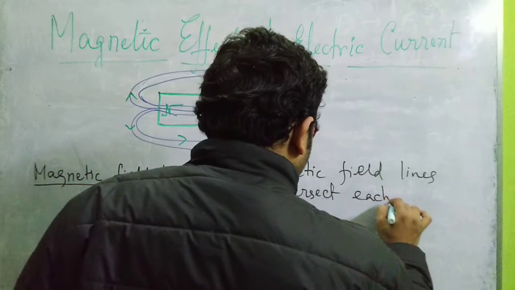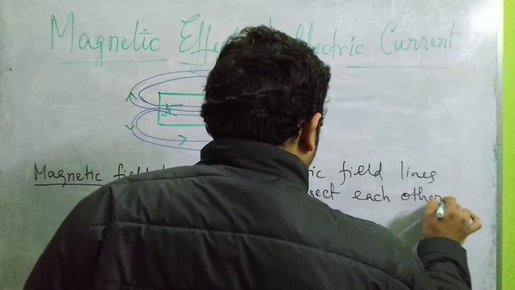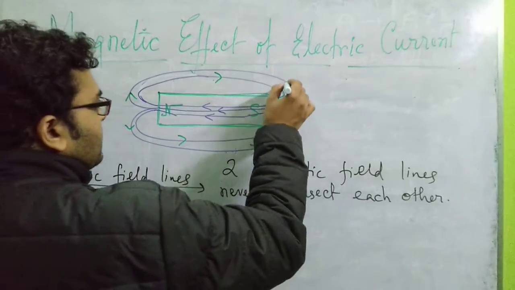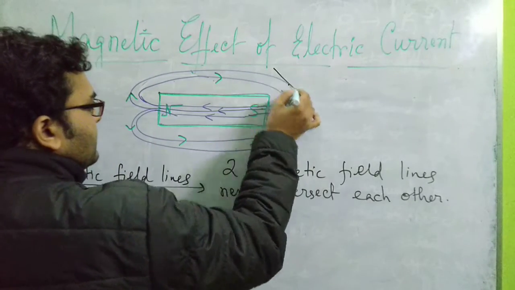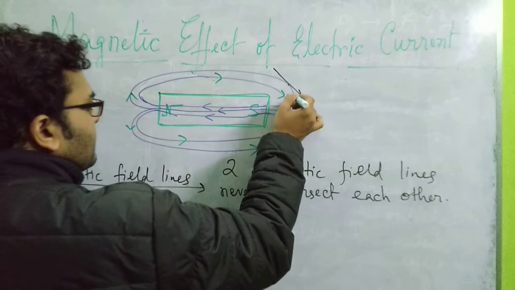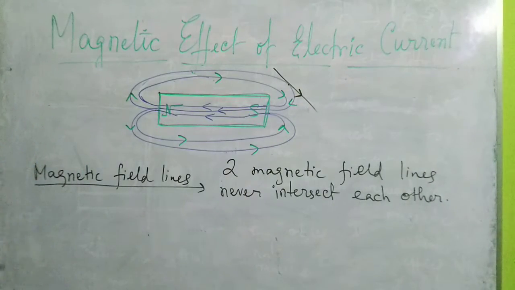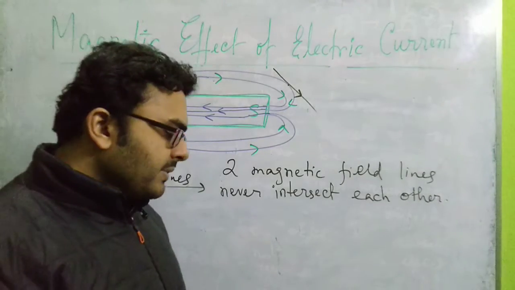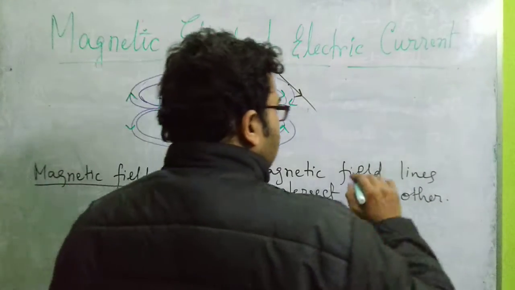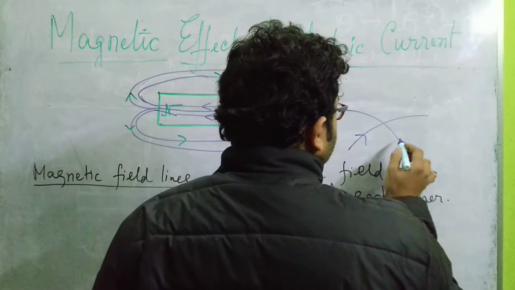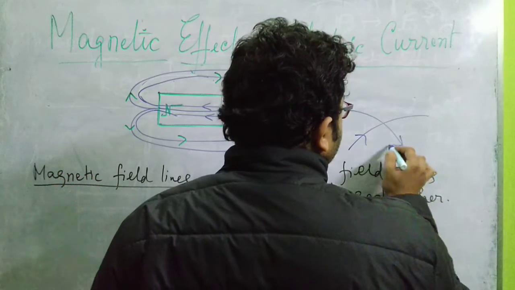This is because on a point on a magnetic field line, if you draw a tangent, say at this point, this tangent gives the direction of the magnetic field at that point. Now if two magnetic field lines have intersected, one goes in this direction, another goes in this direction.